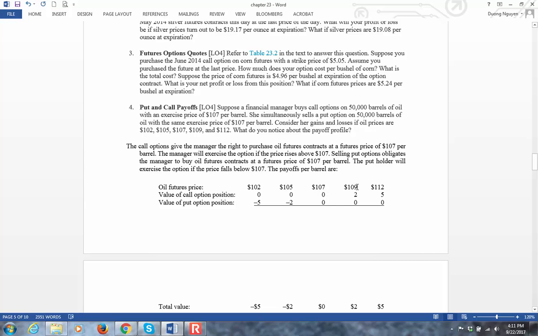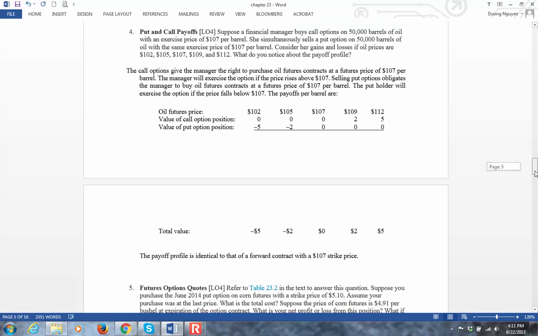If the price is 109, which is above the strike, the value is 109 minus 107, equal to 2. The price of 112 is above the strike of 107, so the call will be exercised. At that time the value is 112 minus 107, which is $5.